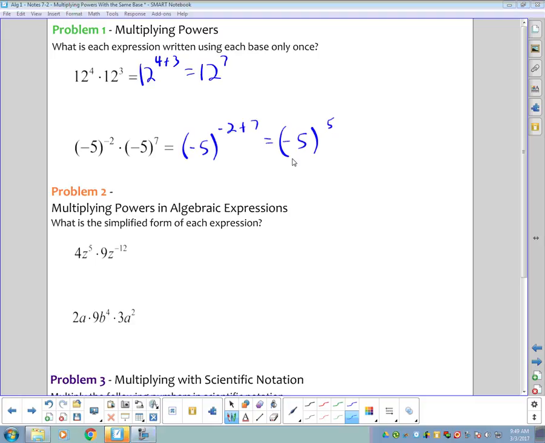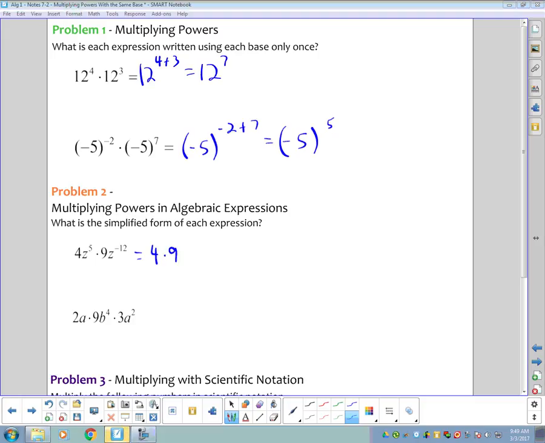All right. Down here, this is what you'll see towards the bottom of your classwork. See how we have numbers being multiplied and letters being multiplied. Now the numbers are not the same bases. 4 and 9 are not the same. So we multiply the 4 and the 9.